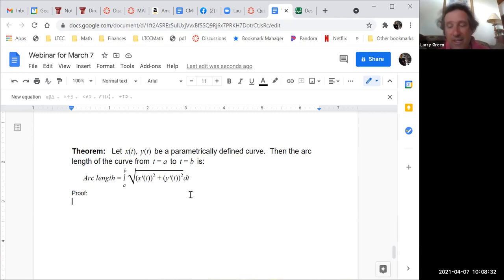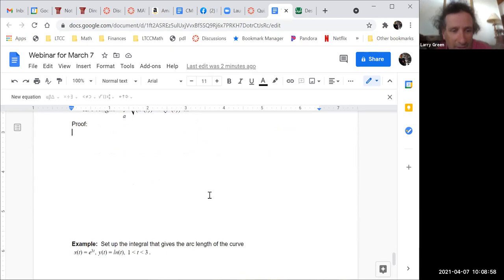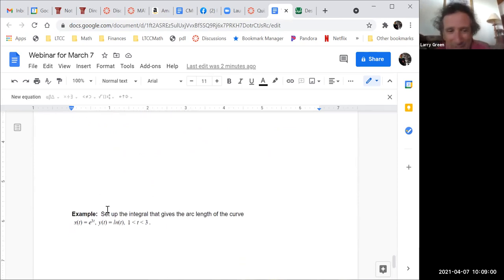You can approximate it, but most of the time you can't get an exact answer. Square roots of sums of squares are not nice. Even if these are linear, you'll have to use inverse trig substitution, and if they're not linear, it's impossible. So we got this beautiful formula, but in the real world you're going to have to use approximations.